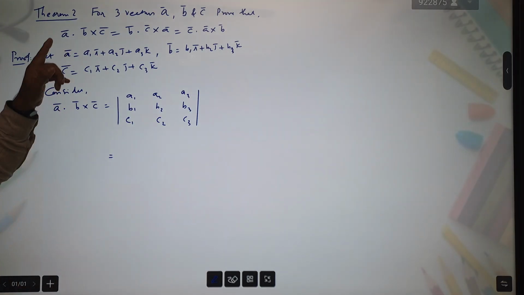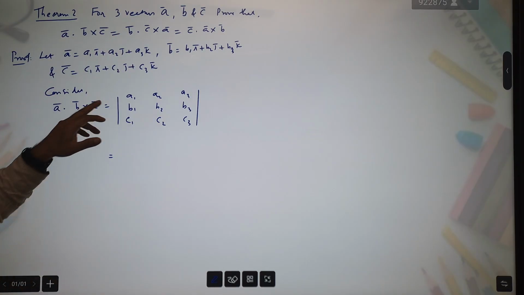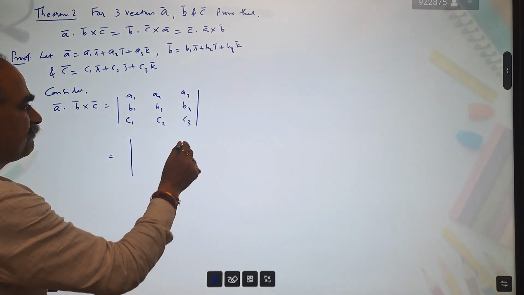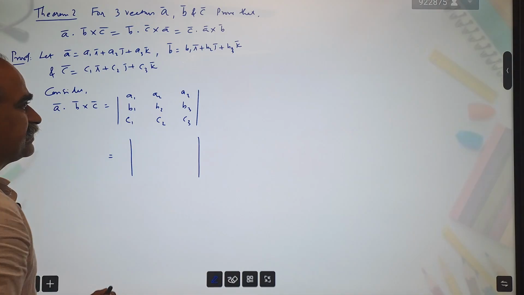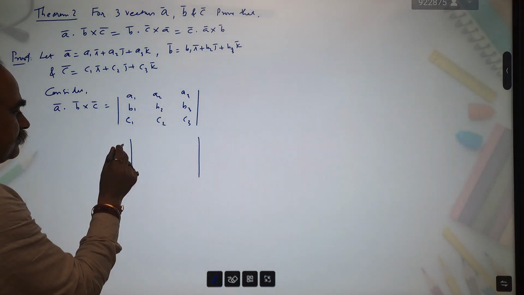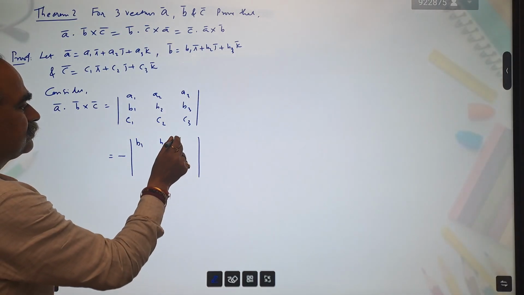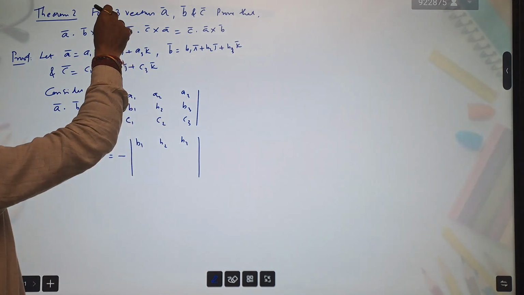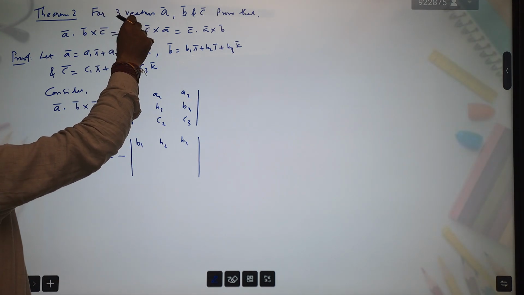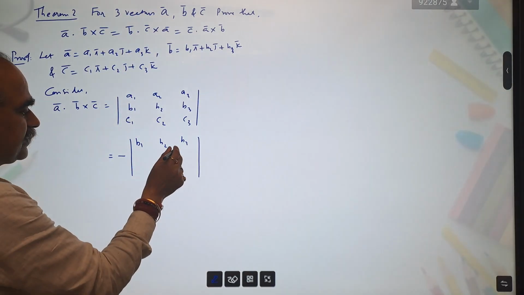Now we have to prove A dot B cross C same as B dot C cross A. We will interchange R2 and R1 by property of determinant. When we are interchanging two rows, value remains same, it changes in sign. B1, B2, B3, because we want B dot C cross A. That means B bar in the first row, C bar in between, and A bar at the end. B1, B2, B3.